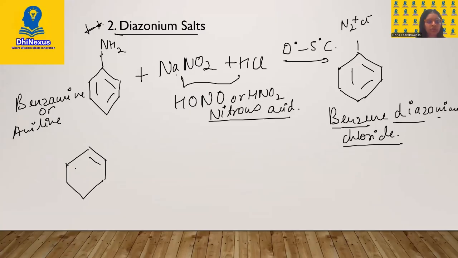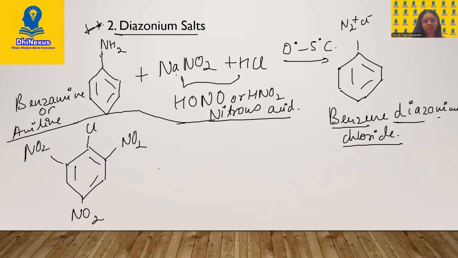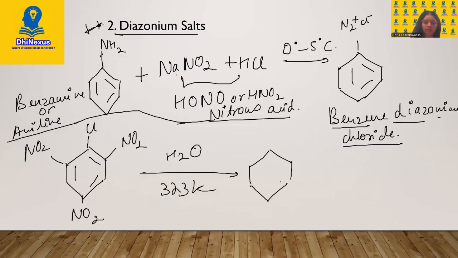If the nitro group is added at all the ortho and para positions, this would increase the reactivity even further, and it can be done at H2O, just H2O at 323 Kelvin, yielding us trinitrophenol.